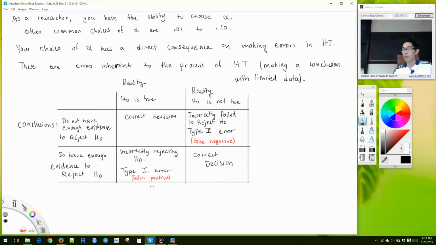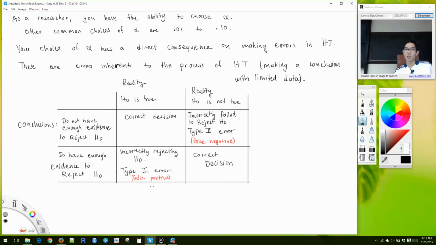We would reject the null hypothesis when our p-value is what in comparison to our alpha? Less. Okay, so we reject the null hypothesis when our p-value is less than alpha. So if I'm choosing alpha to now be 0.01 rather than the regular old 0.05, am I more likely or less likely to reject the null hypothesis? I'm less likely to reject the null hypothesis, okay? So I am less likely to reject the null hypothesis.